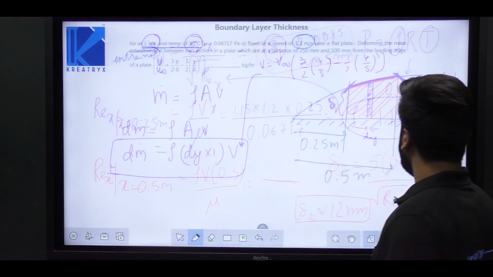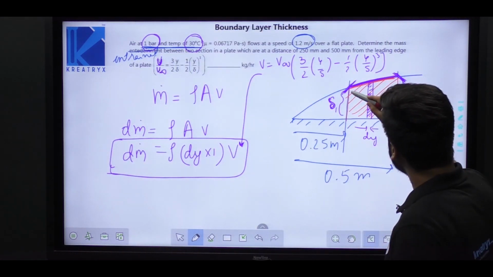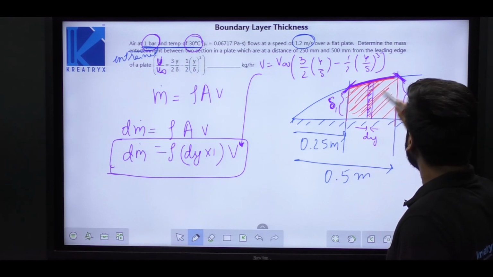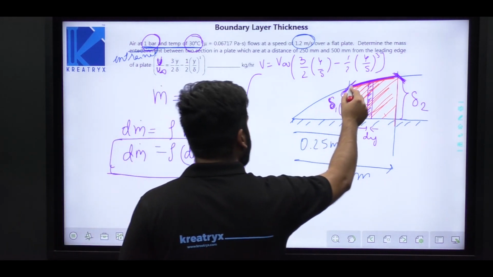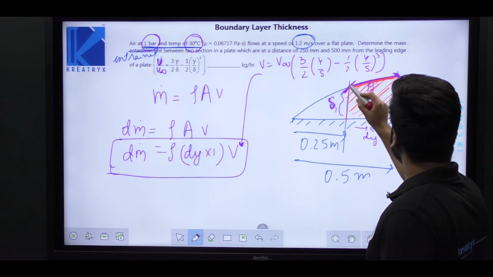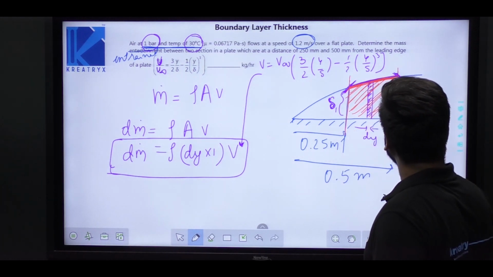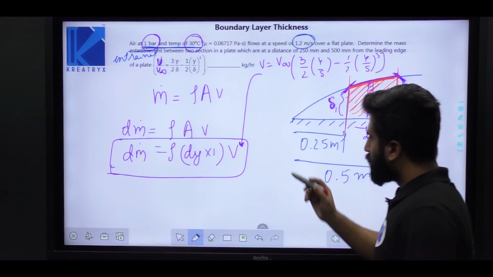So can I find out the mass entrapped within this region? Yes. Just integrate this velocity profile within these limits. That is why we found delta 1 and delta 2.